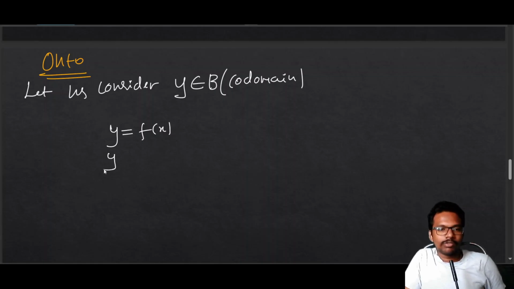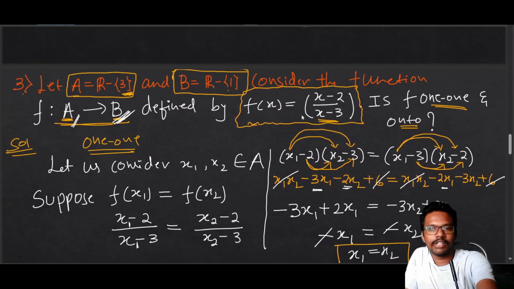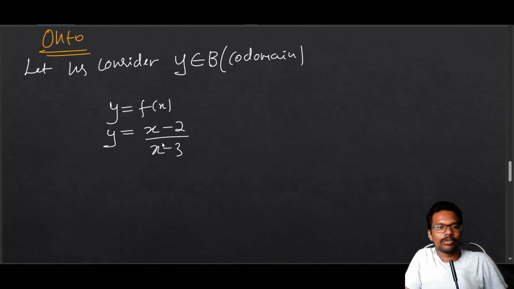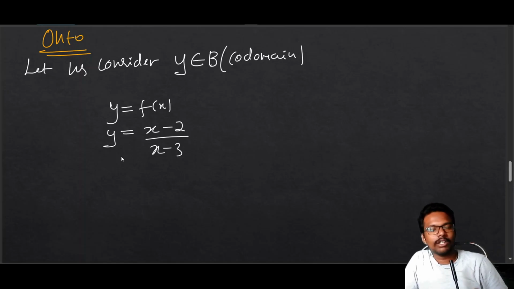So now y equals f of x, which is x minus 2 divided by x minus 3. So now y becomes x minus 2 divided by x minus 3. Our main intention is to find the x value. The y value we already have, so using the y value we have to find the x value.